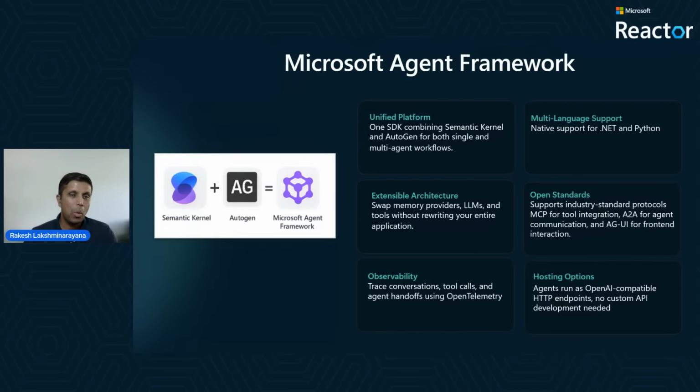It also supports the OpenTelemetry standard for observability, so you can trace the conversation, tool calls, and the end-to-end data flow throughout the system. It also supports flexible options for hosting your agents. You can publish your agents as OpenAI compatible endpoints, which means if you have any client that's already talking to the OpenAI service, you can point it to your agent without changing the client code.